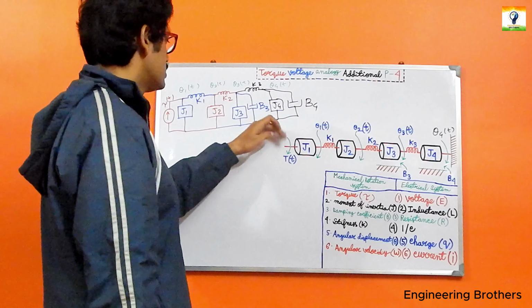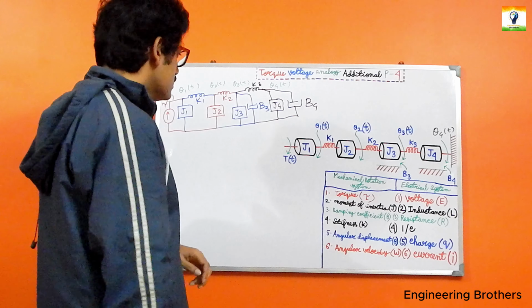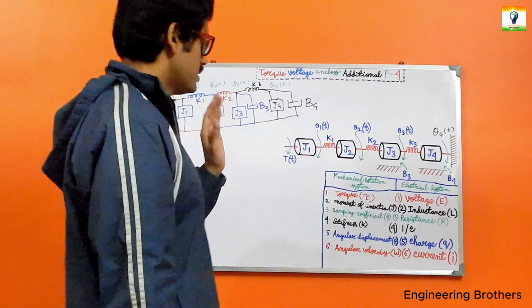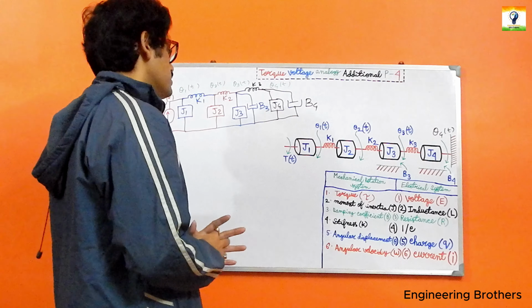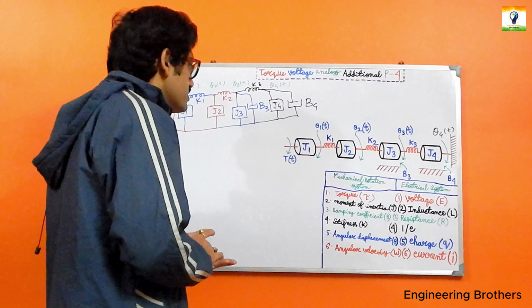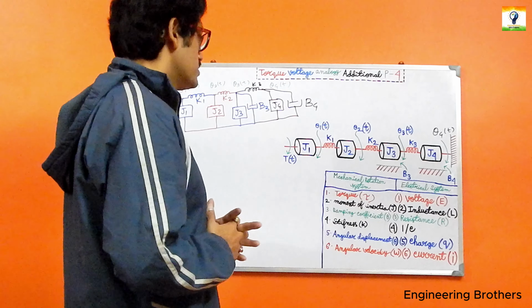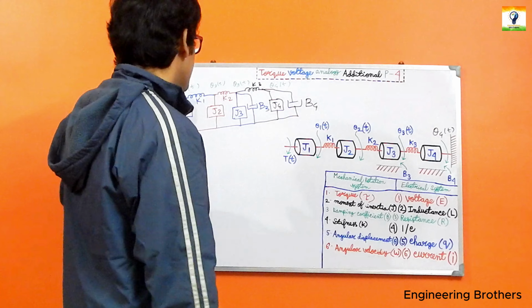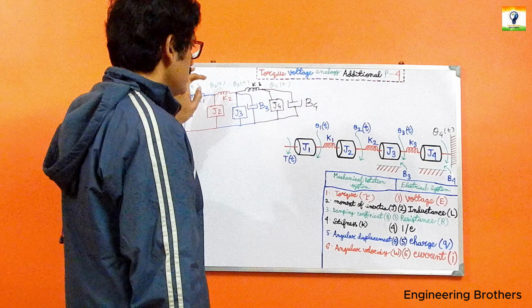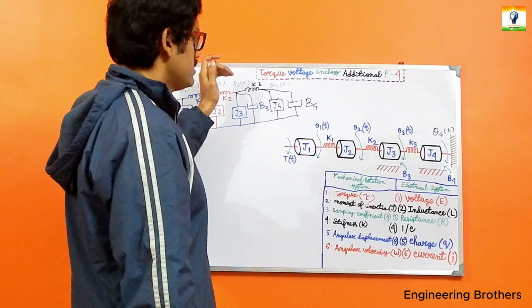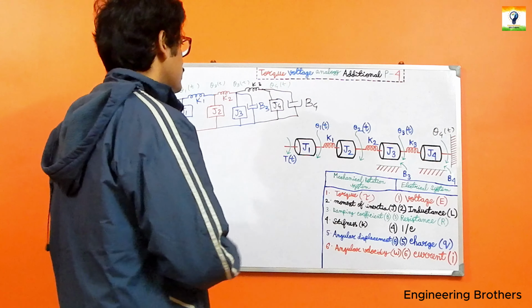Now if you apply that torque at this point, the rest of the angular displacements have to be considered. So first we are going to consider the angular displacements. This one is our theta 1(t), this one is our theta 2(t), the next one is our theta 3(t), and quite naturally the next one is our theta 4(t).